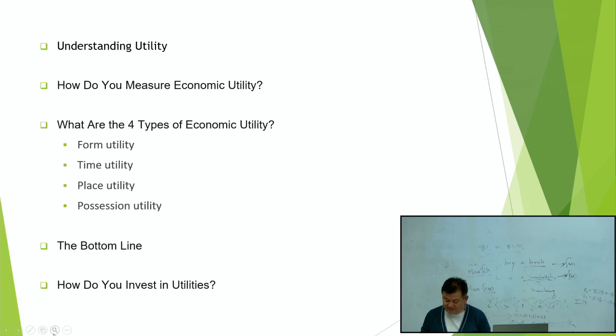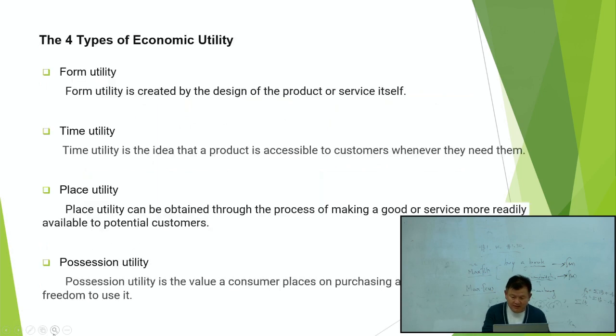So 5 kinds of economic utility, adding one more: information utility. But the old textbook has only 4. So let me explain them one by one.